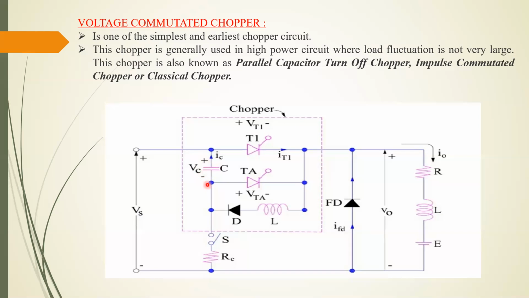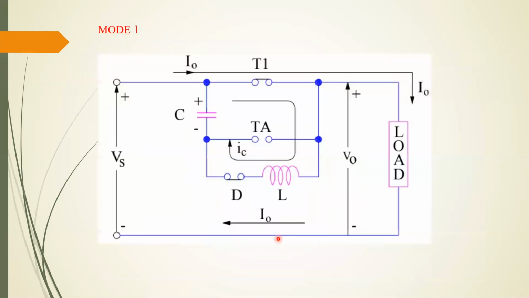To charge this capacitor, the switch and resistor RC are connected in series. When the switch is closed, the capacitor starts charging as the source voltage is applied across it, and it is charged to maximum, that is VC equals VS. Now the circuit operation starts with a fully charged capacitor.